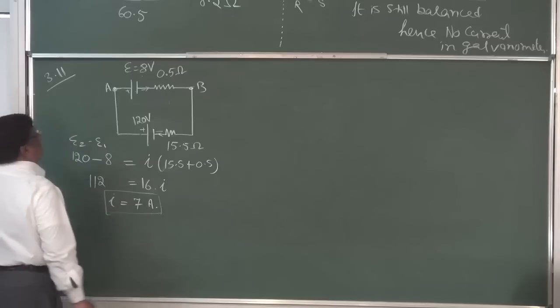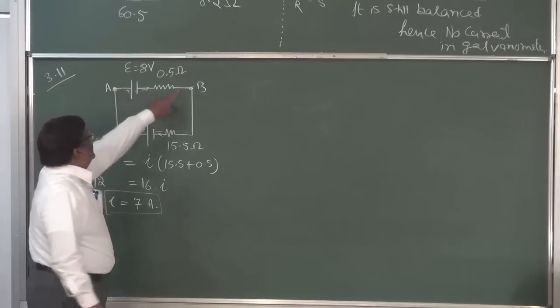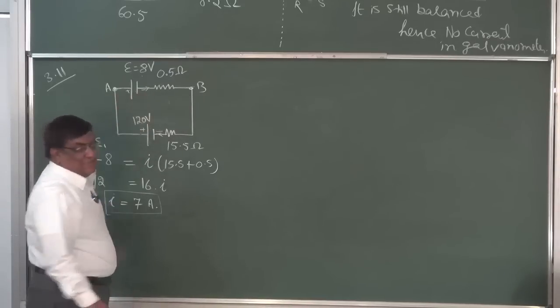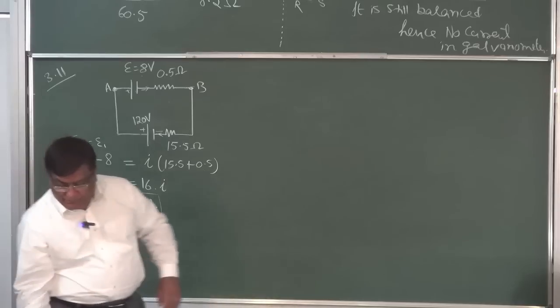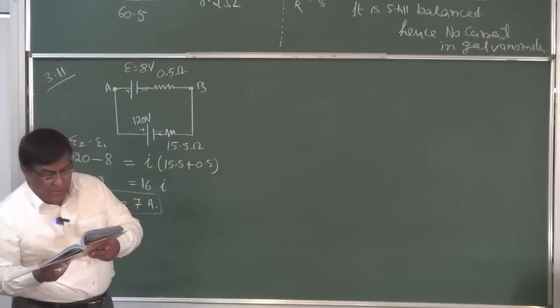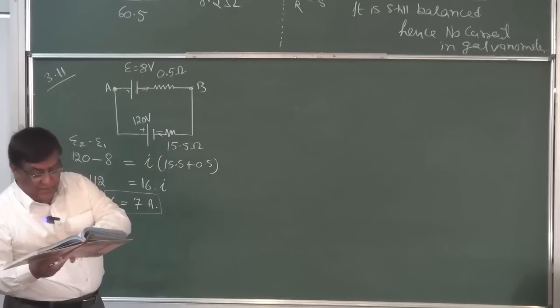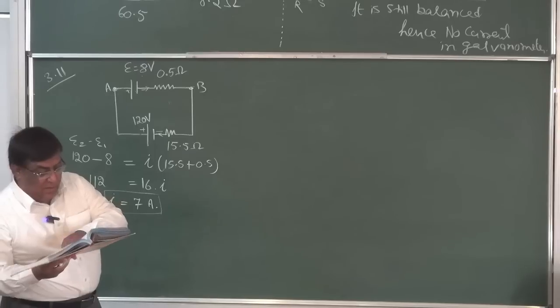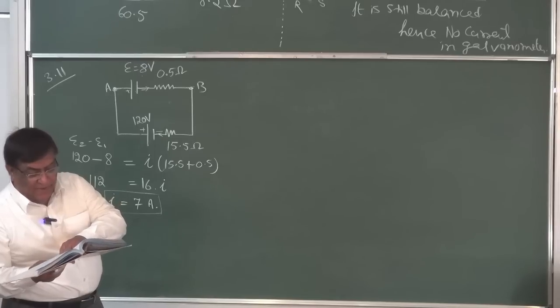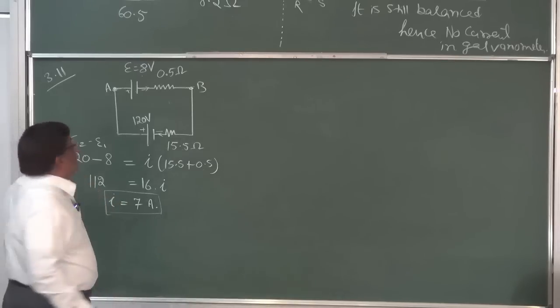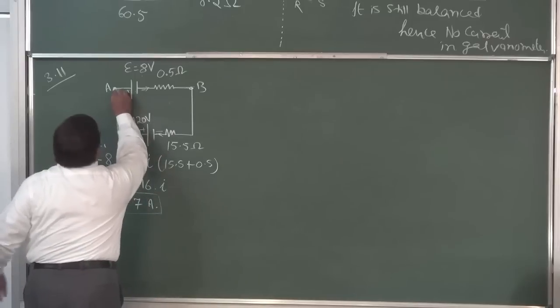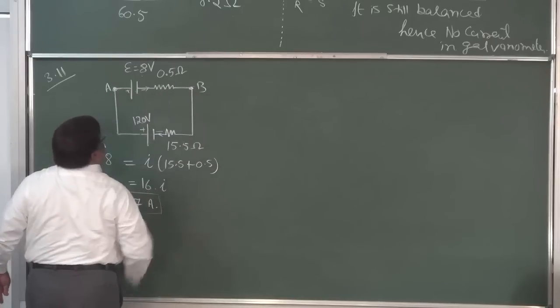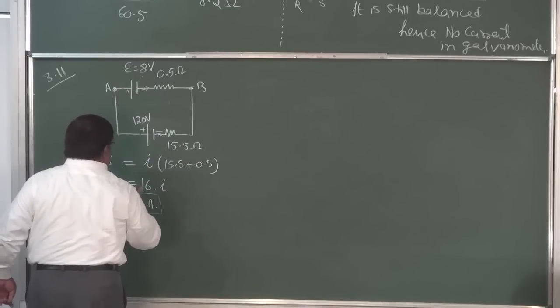Now what they ask us is what is the potential difference across the cell. Again the question is, what is the terminal voltage of the battery during the charging? Terminal voltage is from this terminal to this terminal. We know the current.